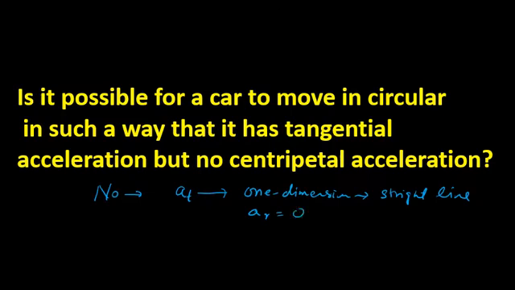So for the car to move in a circular path, the radial component of acceleration, or centripetal acceleration, should not be equal to 0. Centripetal acceleration is necessary for the car to move in a circular path. Without centripetal acceleration, the car cannot move in a circular path.